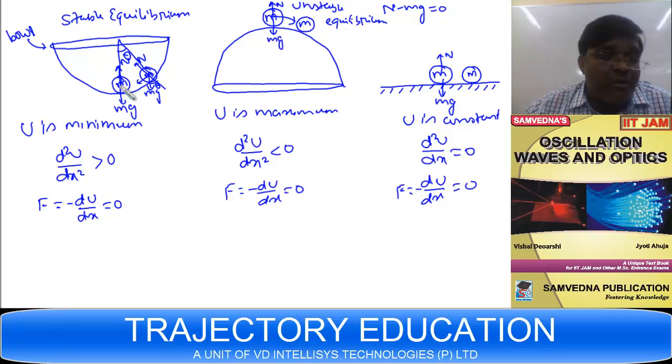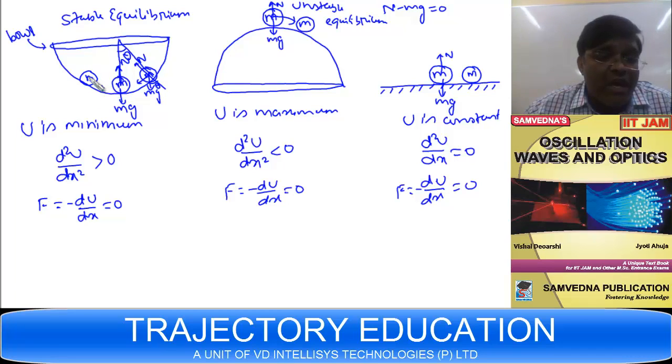But by the time it comes back to equilibrium position, it has already got some velocity, and due to inertia, this velocity cannot become 0 immediately. So it overshoots equilibrium position and goes to this side.